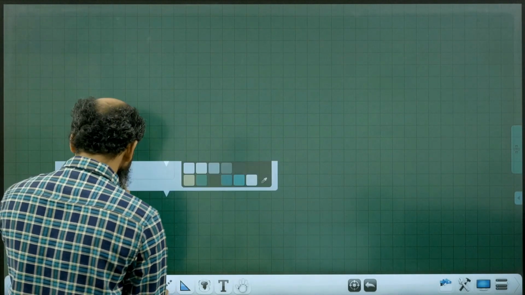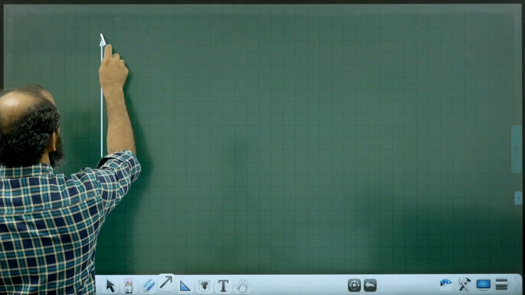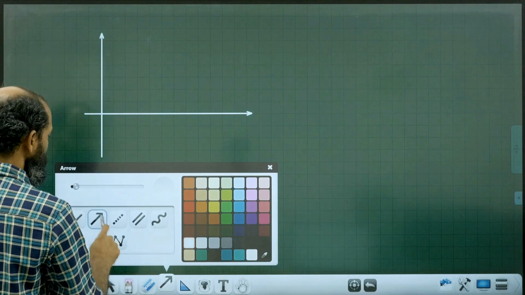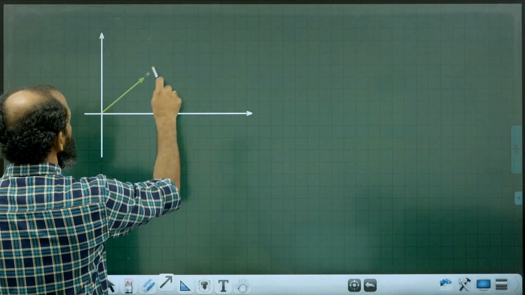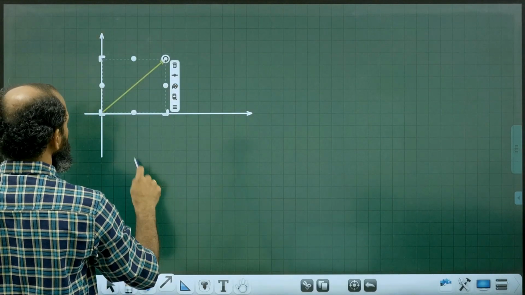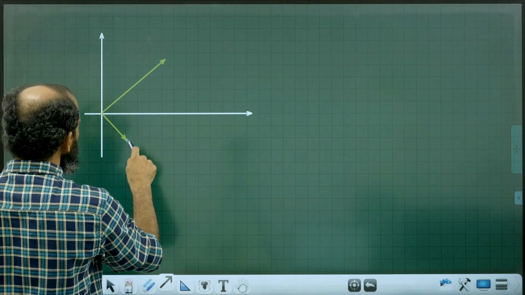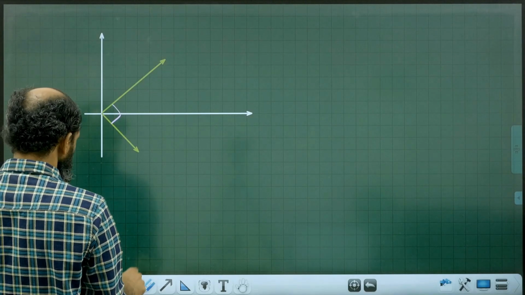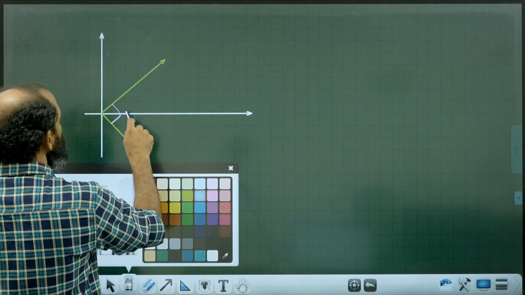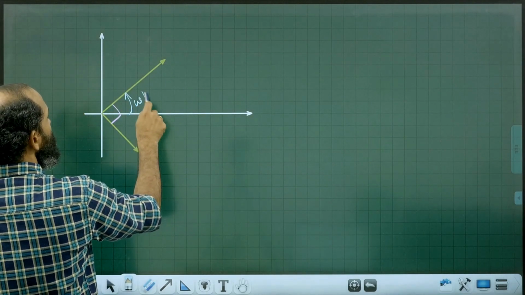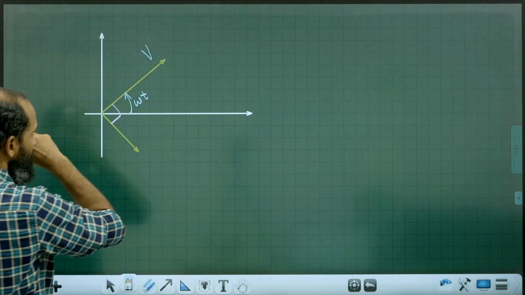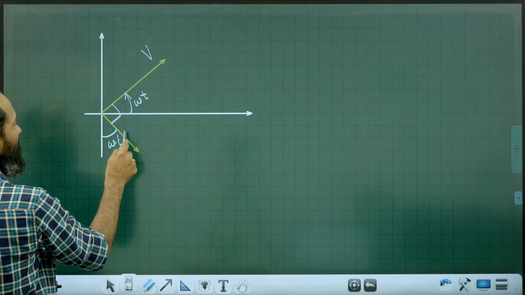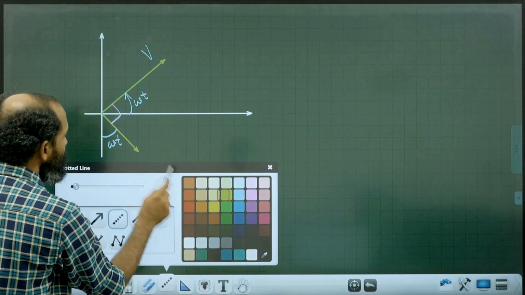Now the phasor diagram. Here the voltage across the inductor is leading, so I can show it like this. Current through the inductor is lagging by phase angle pi by 2. When the voltage phasor turns through an angle omega t in time t seconds, the current phasor also turns through the same angle, but they are not in phase.